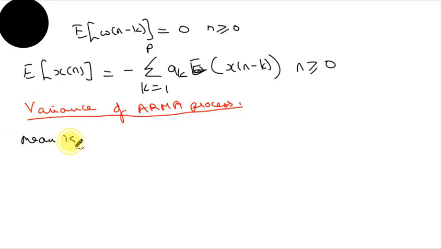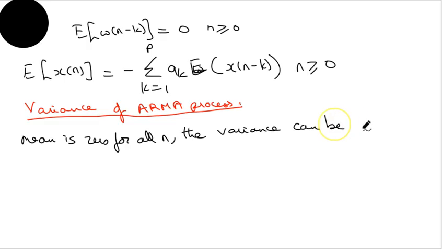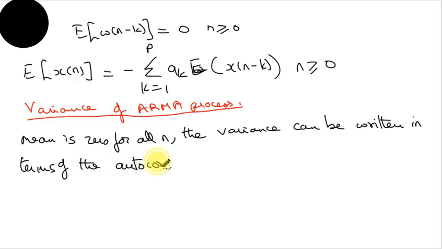Now clearly the mean is 0 for all n, then the variance can be written in terms of the autocorrelation function. It can be written in terms of the autocorrelation function.